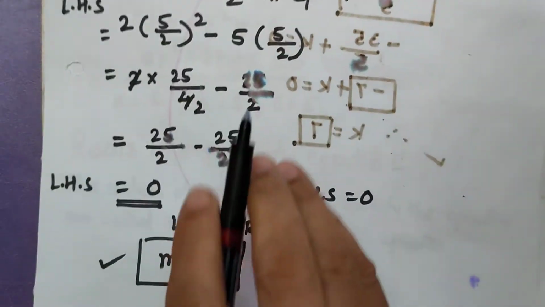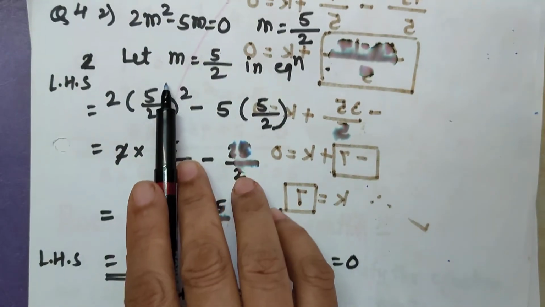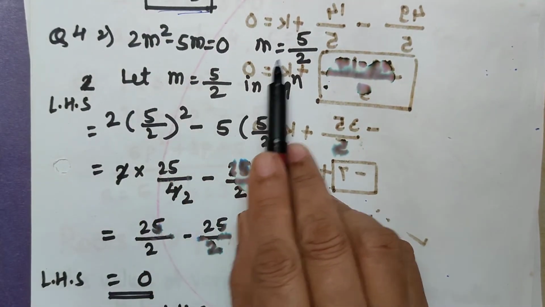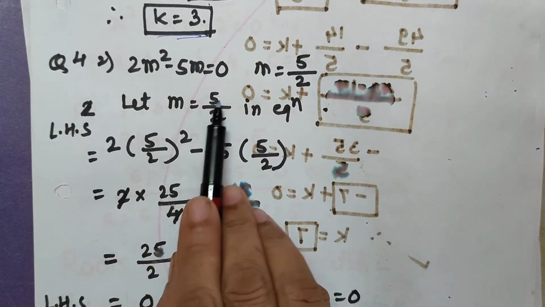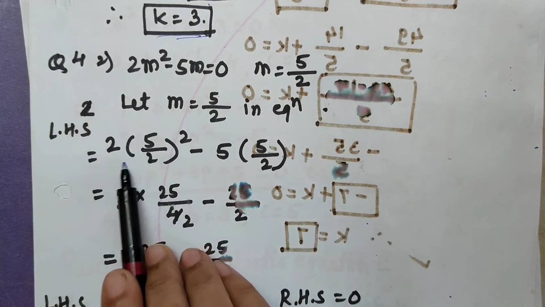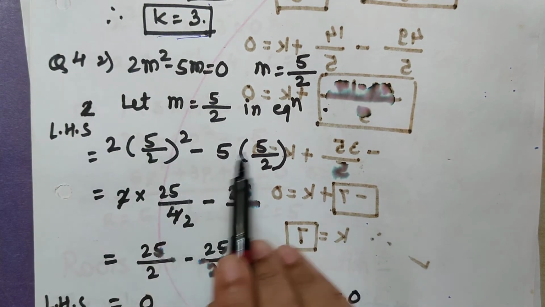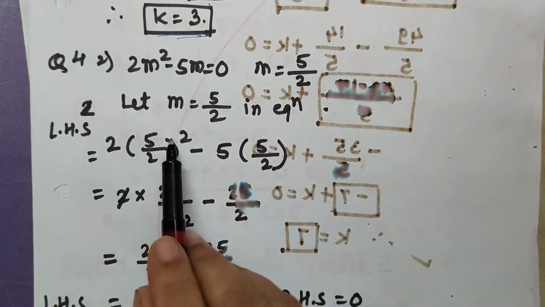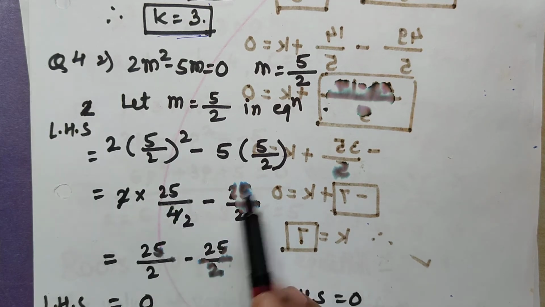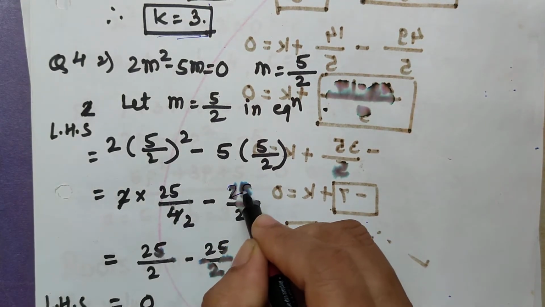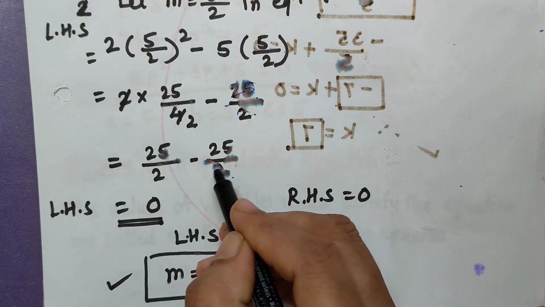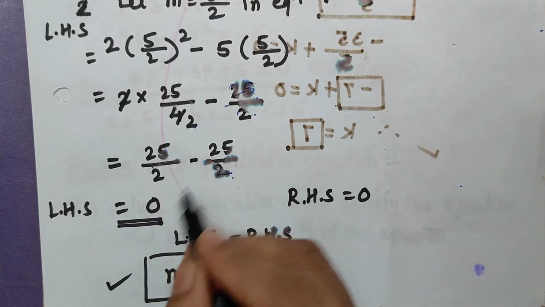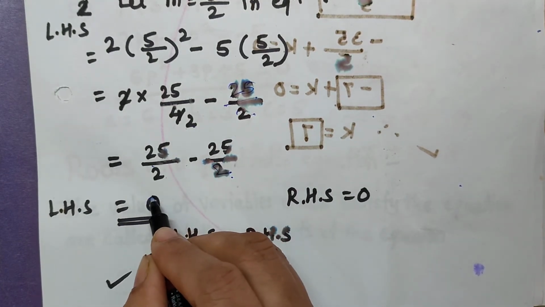Question 4, second example. 2m square minus 5m is equal to 0. Take m is equal to 5 by 2. Putting the value, let m is equal to 5 by 2. Put in the equation: 2 into 5 by 2 square minus 5 into 5 by 2. 2 into 25 by 4 means 25 by 2, minus 5 into 5 by 2, 25 by 2. 25 by 2 minus 25 by 2, same terms, LHS is 0.